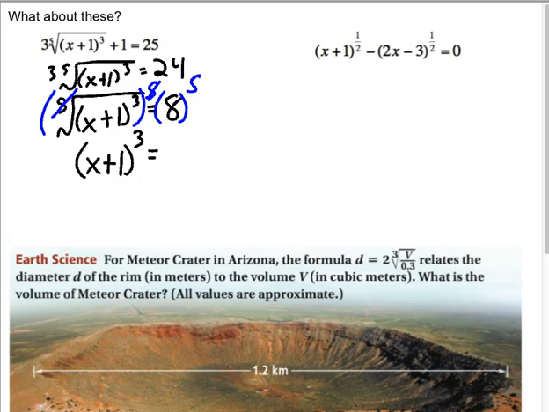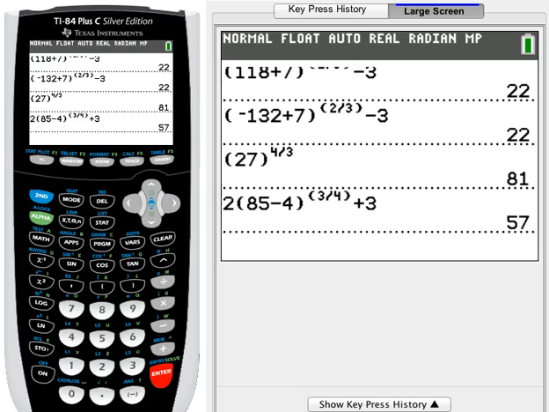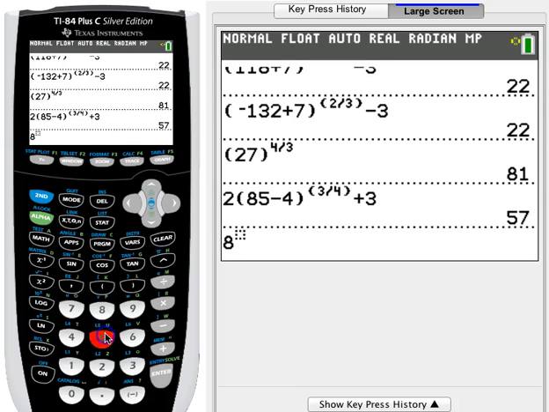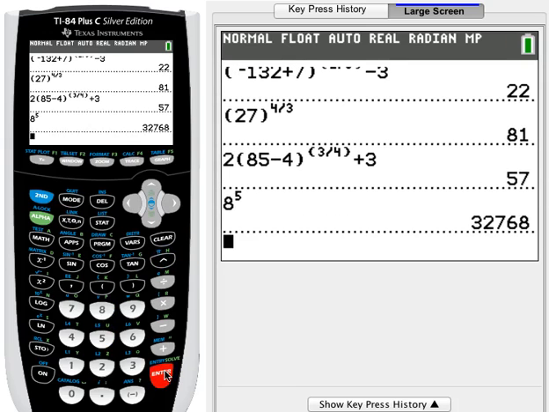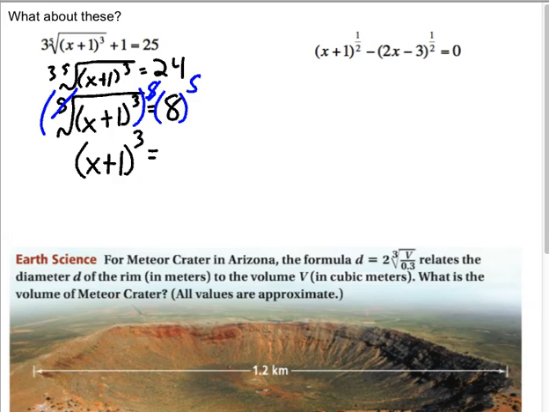And now 8 to the 5, that's going to be a huge number. 8 to the fifth power, 32,768. And now you should know to undo a power takes a root.